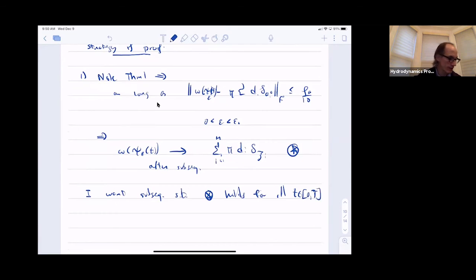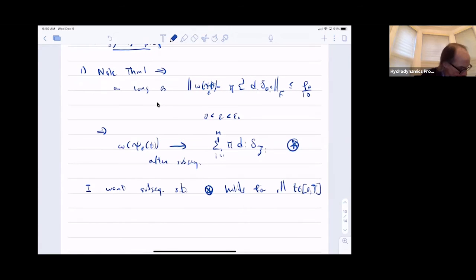For this it suffices to show it for all t in some interval from 0 up to t1.